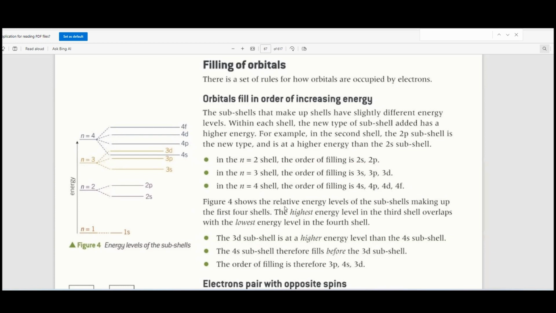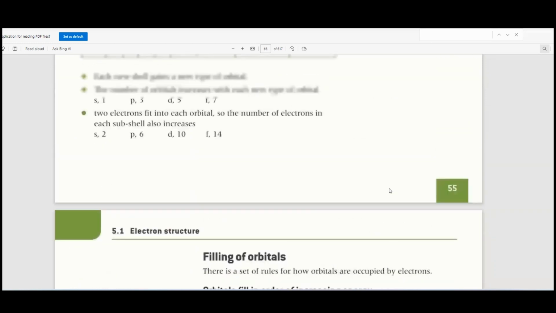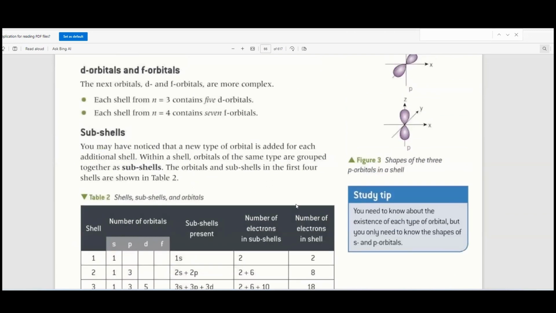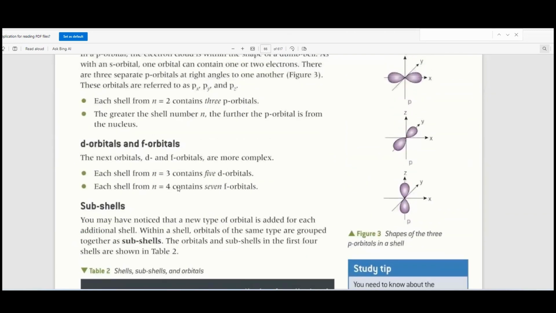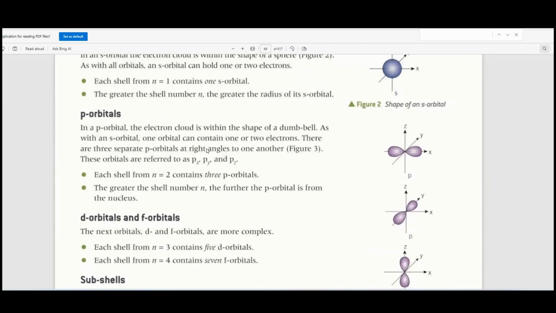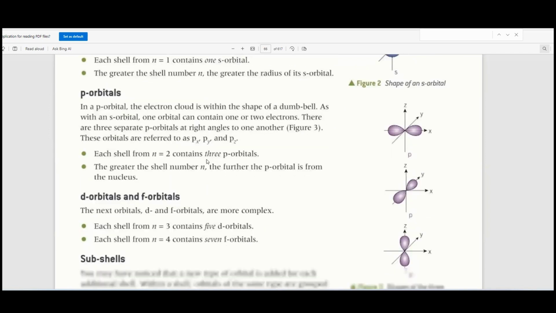Does D have 5 orbitals again? S has one, P has three, and D I think has five, because altogether it can have 10 electrons.